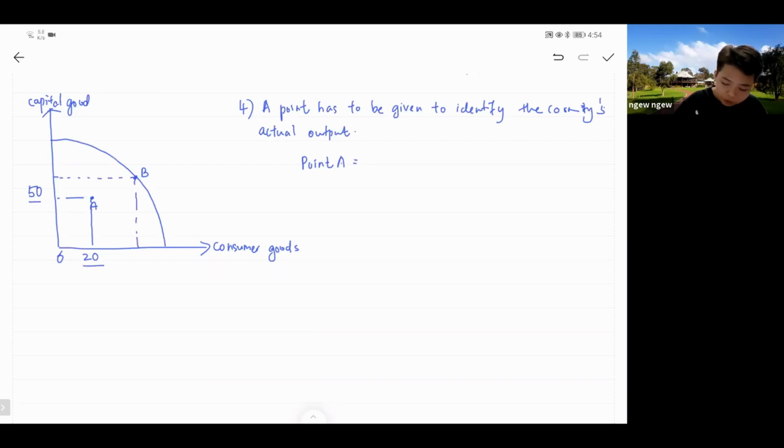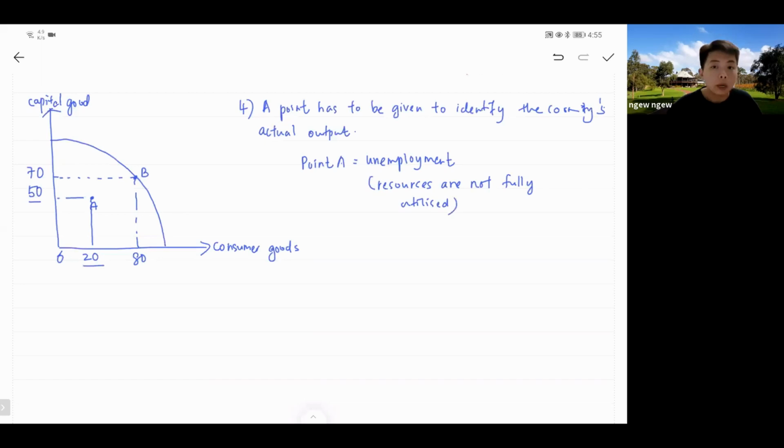So for example, 80 and 70. Therefore, point A indicates a situation called unemployment, which means resources are not fully utilized. You can produce more, but you didn't fully utilize your resources.